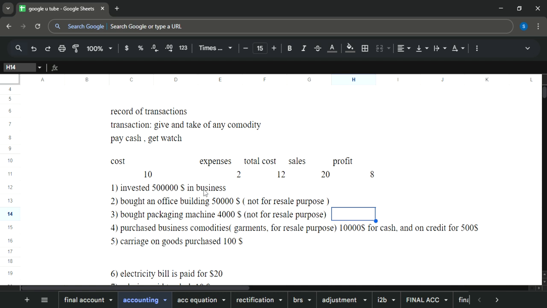I'm sure that you people are understanding this twist, and this is the most important part. If you are the owner of the business, you will not understand these transactions according to your personal behavior. You will understand them according to the business perspective. I have given you an example. When you are paying cash, cash is going out, but when you see this transaction from the business perspective, cash is not going out, cash is coming in.